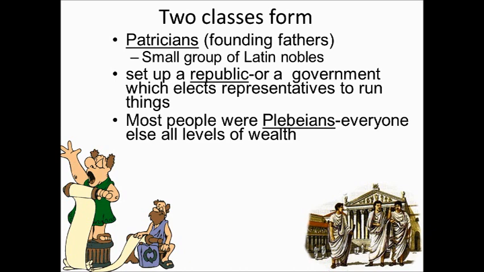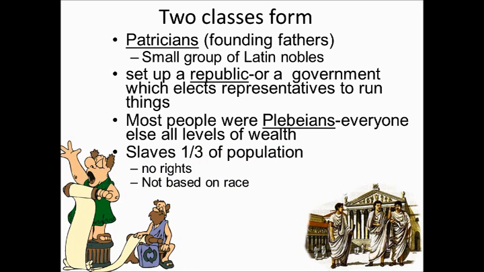Now, most of the people who lived in Rome were plebeians, and plebeians made up people of all different levels of wealth. There were rich plebeians, there were poor plebeians, and so they filled all the different areas of wealth in the Roman Empire. Now, a third of the population were actually slaves, and it was hard to tell a poor plebeian Roman citizen from a slave.